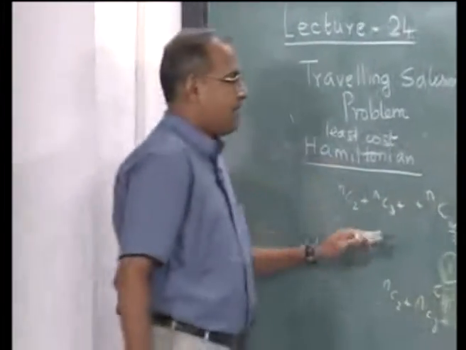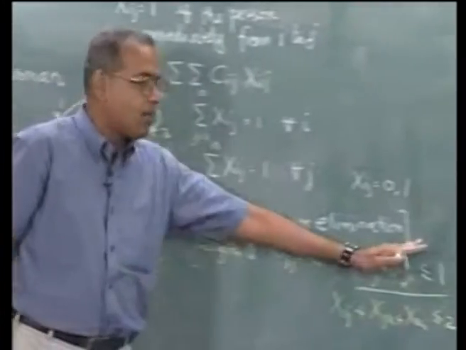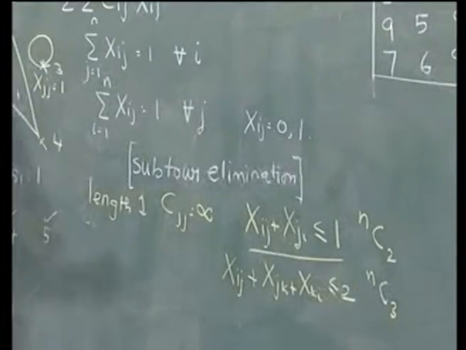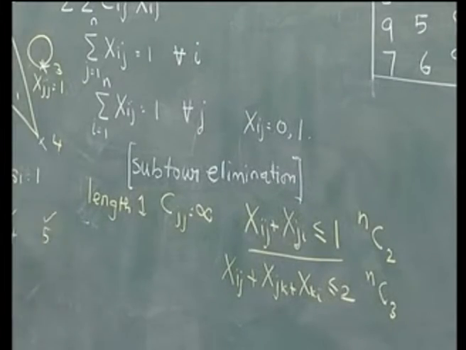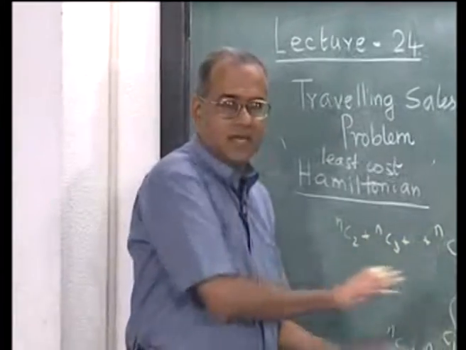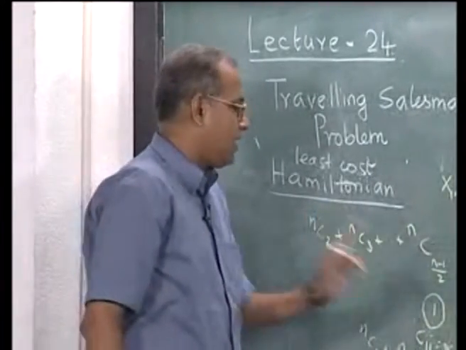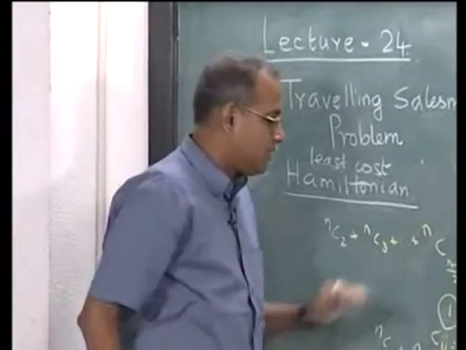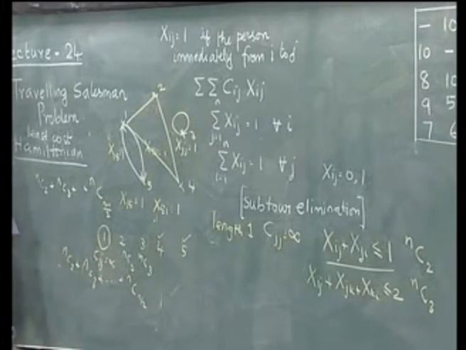So, this way we actually reduce the number of constraints here. Now, when we first formulated, we said we have to do nC1, nC2, nC3 up to nC (n minus 1). Now, we realize by carefully looking at the problem, if n is odd, it is enough to go up to nC (n minus 1) by 2, and if n is even, to go up to nC n by 2.